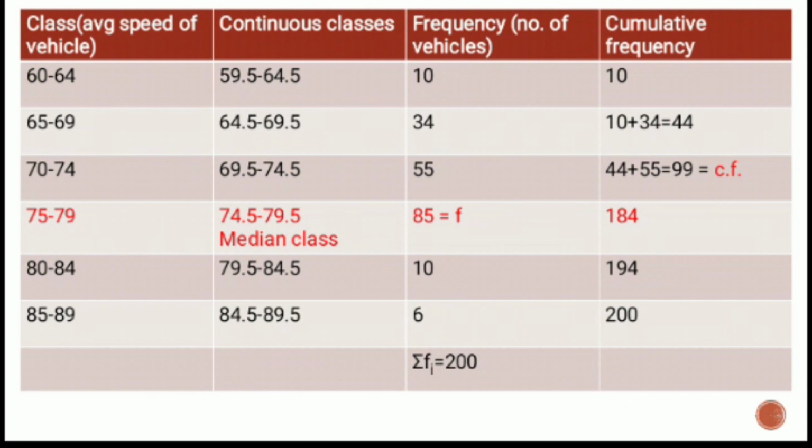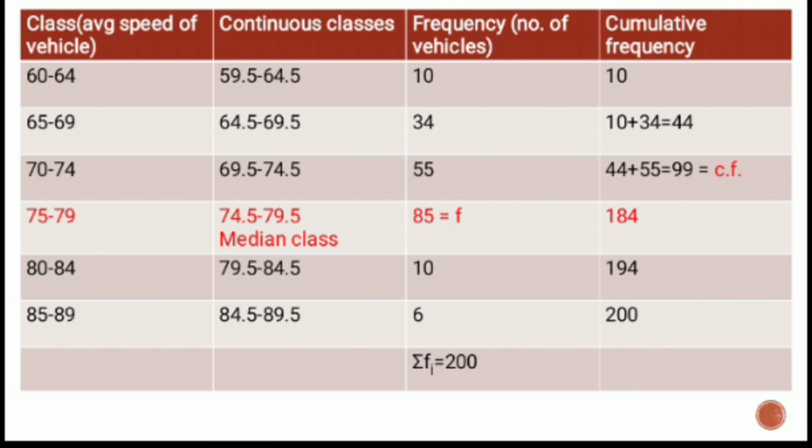In the classes you can see that they are not continuous classes: 60 to 64, 65 to 69, 70 to 74, 75 to 79, 80 to 84, 85 to 89. The classes are not continuous. That's why, guys, you have to set all the classes to be continuous.